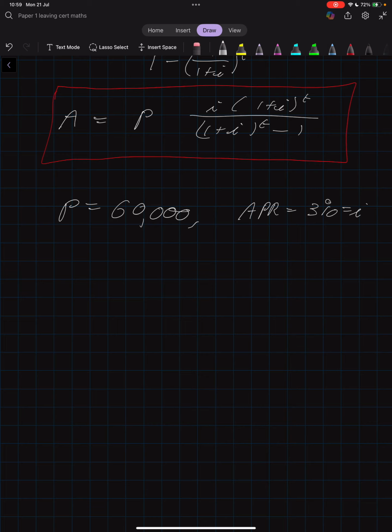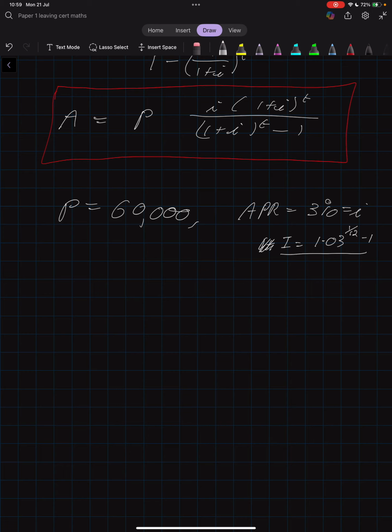To do that, you'd say that your monthly interest, I, is equal to 1.03 to the power of 1 over 12 minus 1. That would be your monthly interest. You can learn that formula off if you want it. But in this case, they want annual. How much should the annual repayments be if the loan is to be repaid in 10 equal installments over a 10-year period?